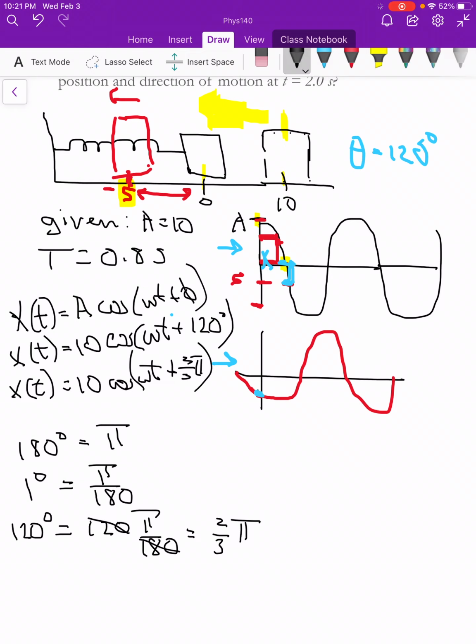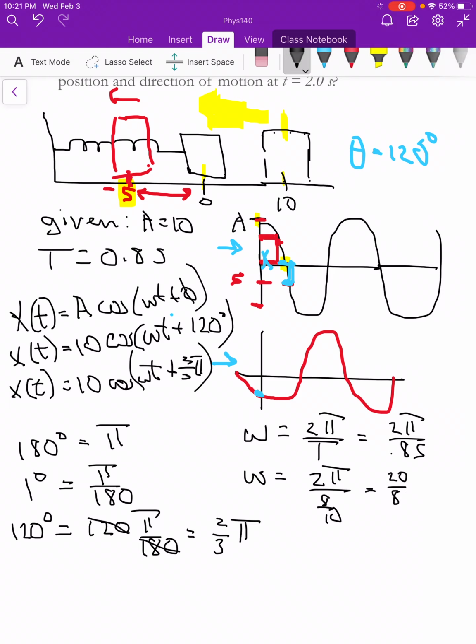All right, now what about my omega? Well, let's do omega right here. Omega is equal to 2 pi over the period. And remember, the period is 0.8 seconds. So 0.8 seconds is like 8 over 10. And so that's equal to 20 over 8 pi.